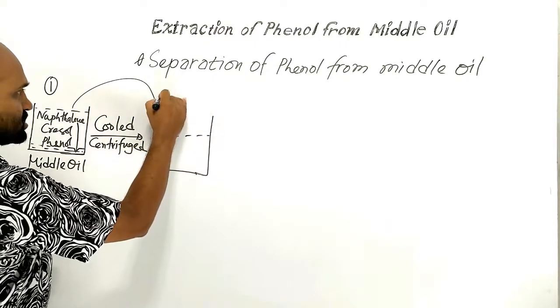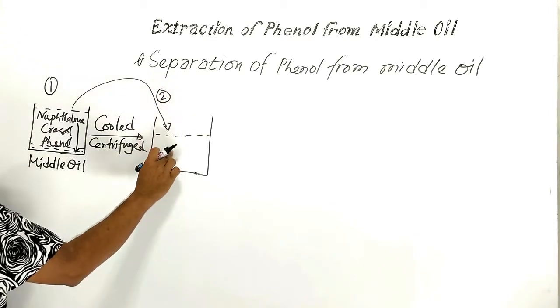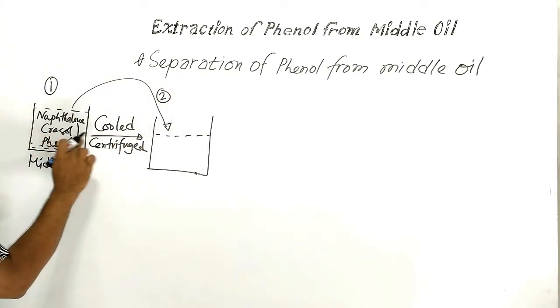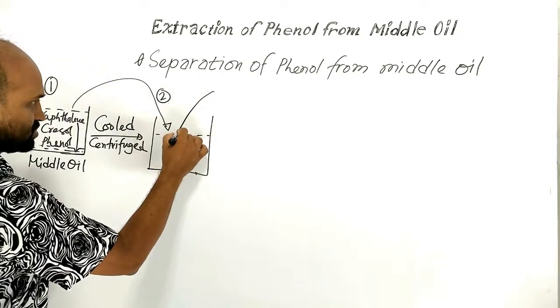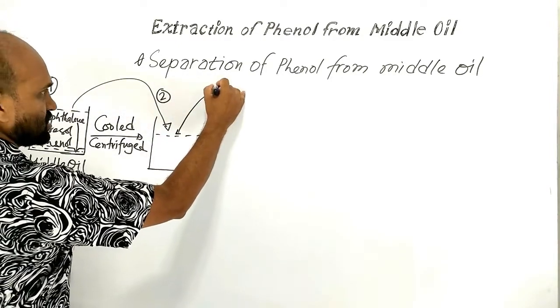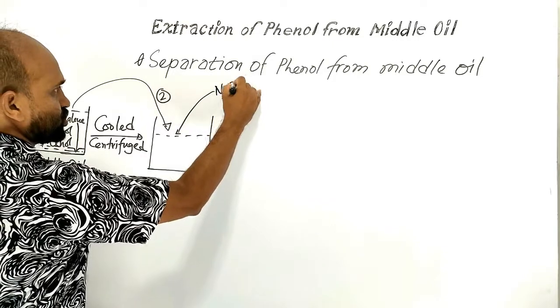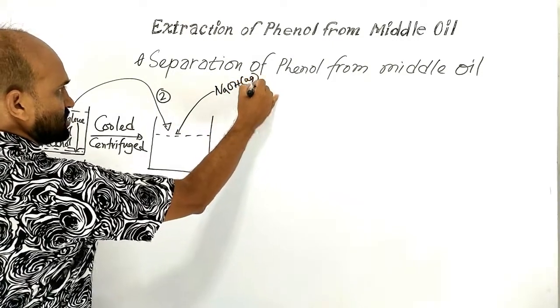Now, step 2 starts. Here, cresol and phenol are present. In this mixture, 10% aqueous solution of sodium hydroxide is added.